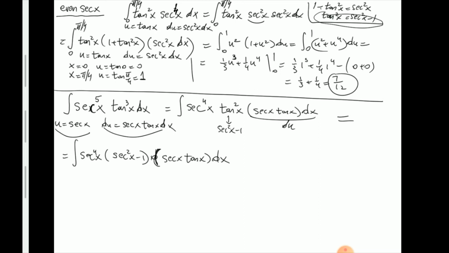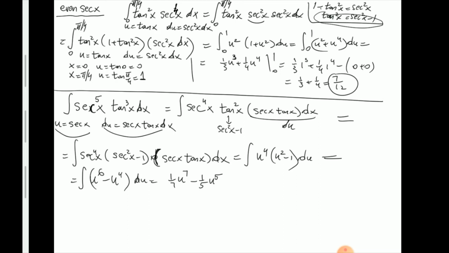And now finally we perform the substitution. So this becomes u fourth times u squared minus 1 du. Distribute. And some power rules. And then finally replace u with secant. Plus a constant c.